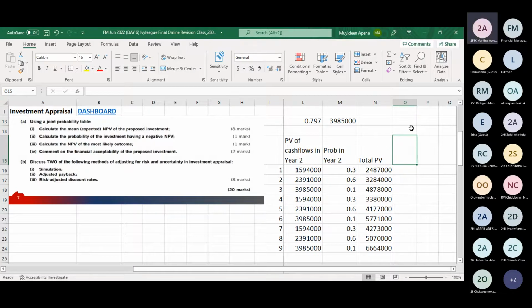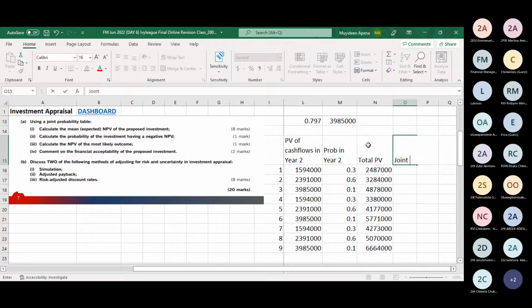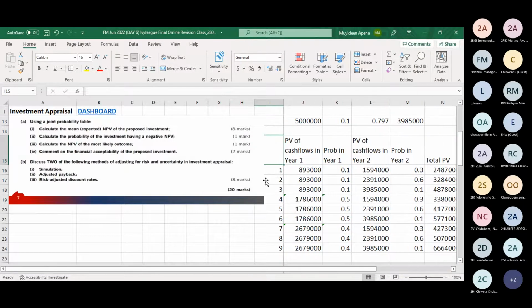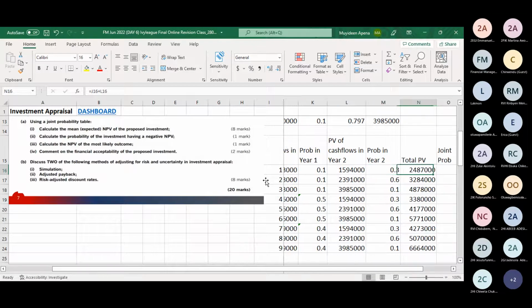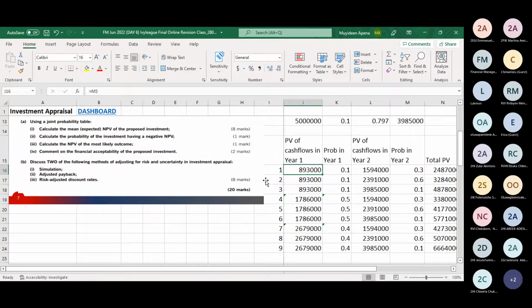Hello. I lost you a while ago, but my question is, if we have held each of year 1's present value constant and assumed the 3 scenarios of year 2, are you saying by these 9 scenarios we would have considered, we probably have held each of year 2's present value constant and then assumed several scenarios for year 1?